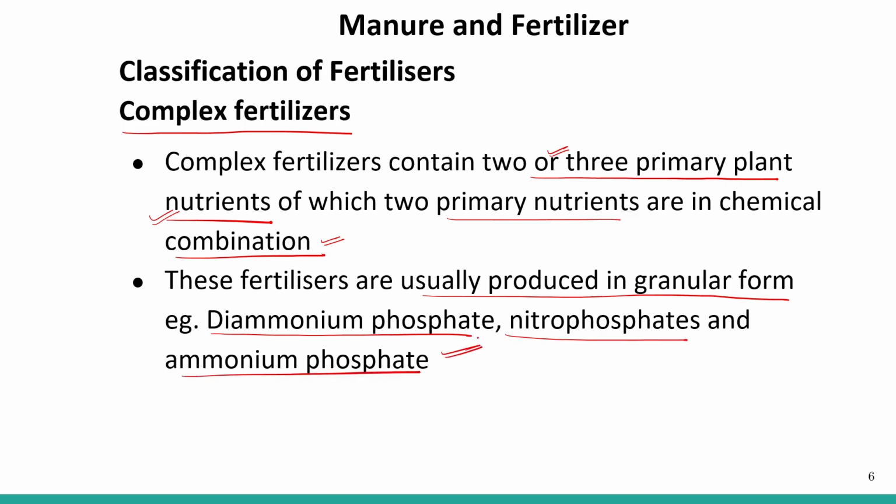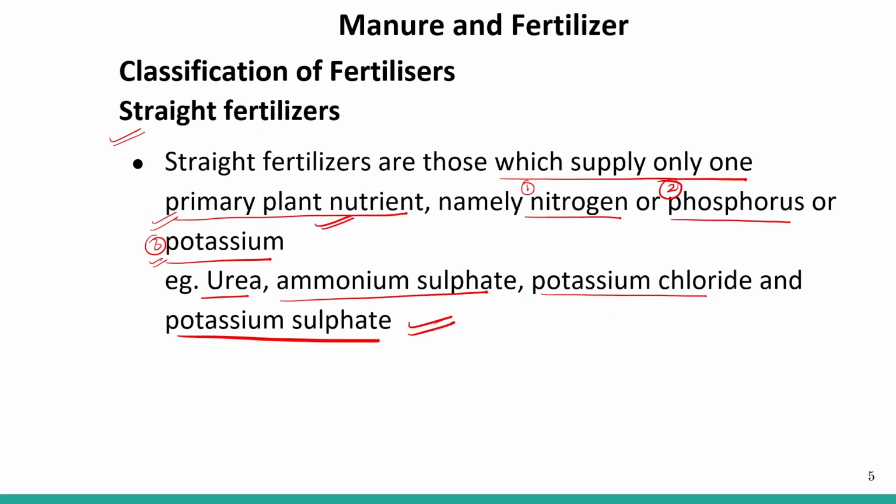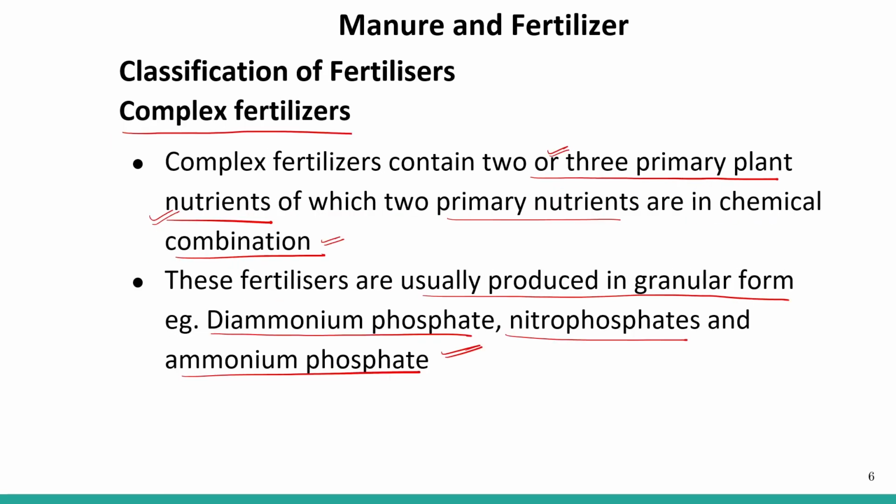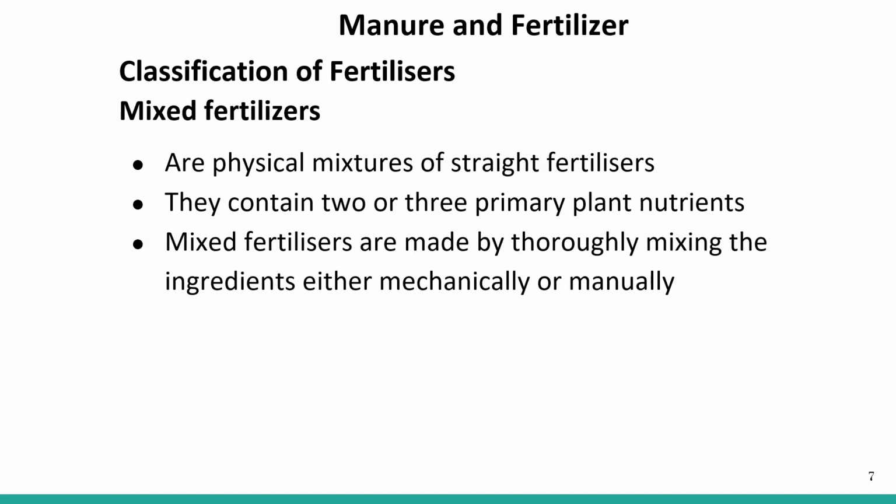Very important to memorize this, because a question can be asked by giving different examples of fertilizer, and they can ask which one is the complex fertilizer or which one is the straight fertilizer. So this is very, very important. So complex fertilizers contain 2 or 3 primary plant nutrients.